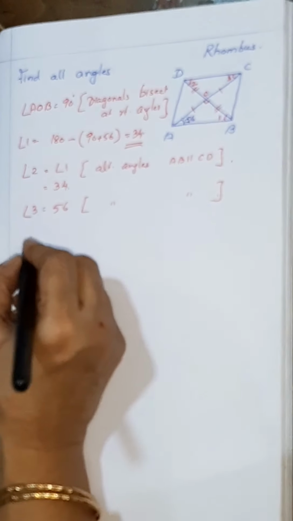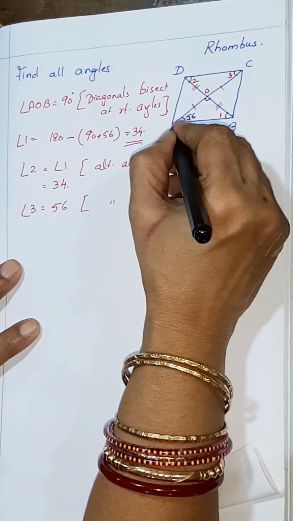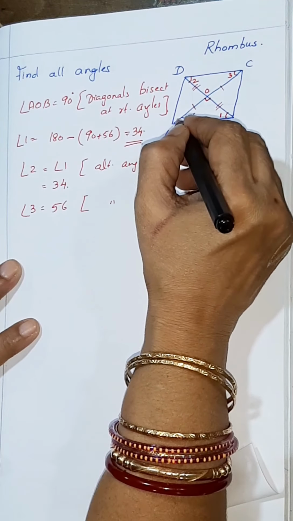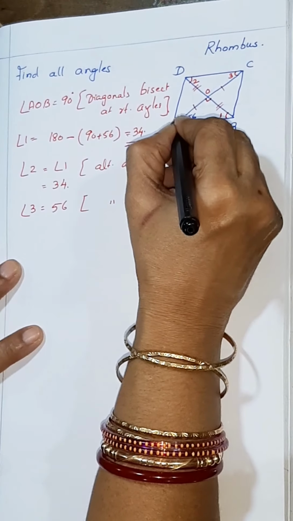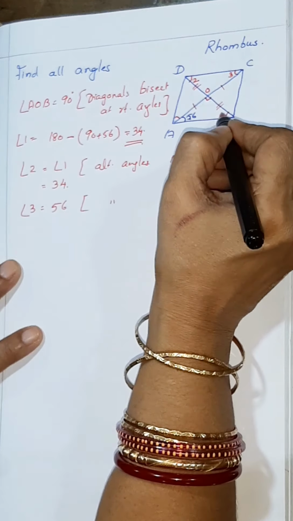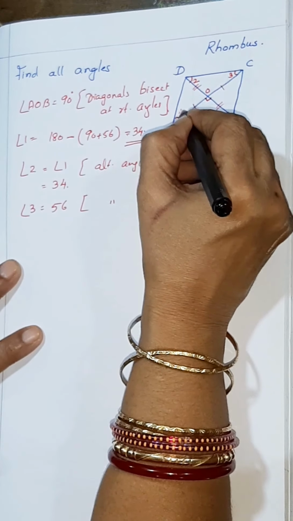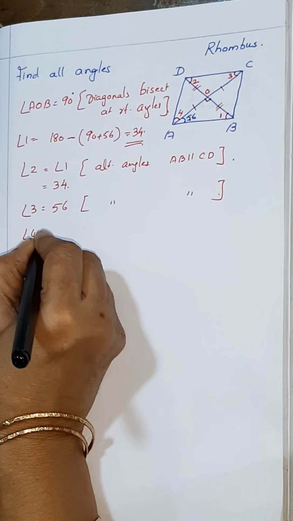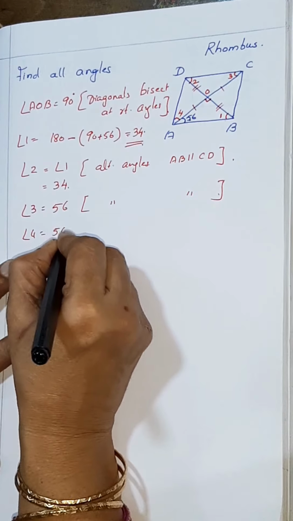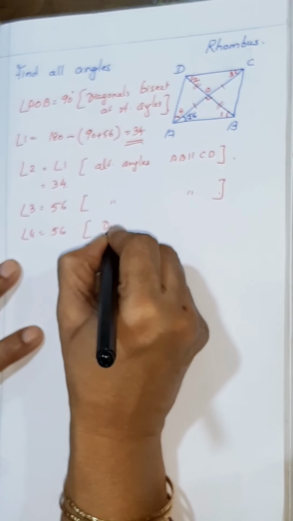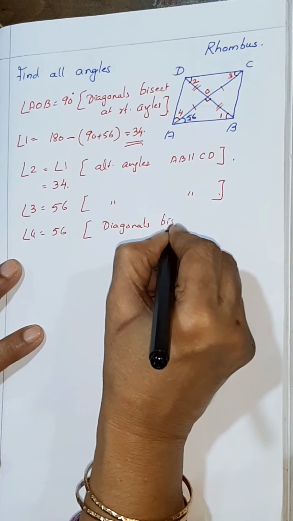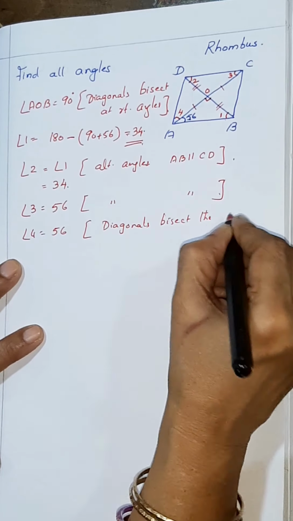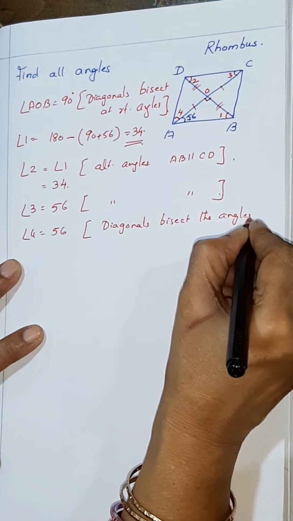In a rhombus, the diagonals bisect the angles. So we have this angle 1, 2, 3, 4. So angle 4 is equal to 56. Diagonals bisect the angles.